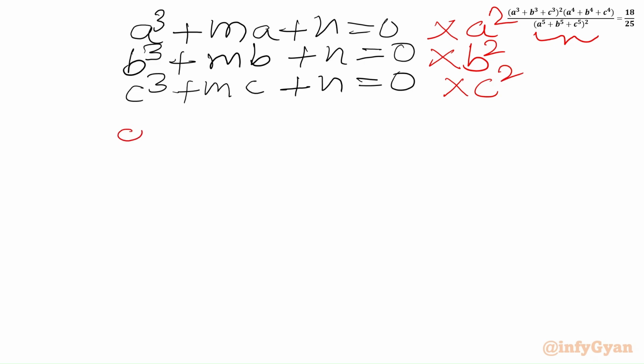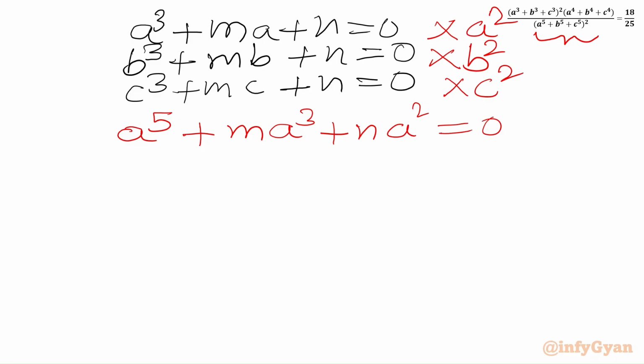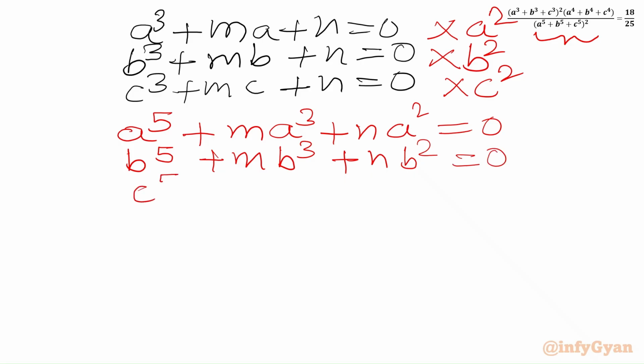Let's multiply. We will get a power 5 plus m times a cube plus n times a square equal to 0. Second equation b power 5 plus m times b cube plus n times b square equal to 0. And third equation will be c power 5 plus m times c cube plus n times c square equal to 0.